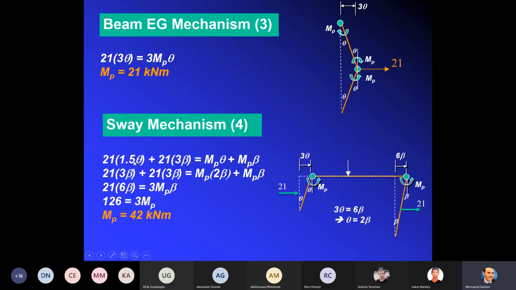So that becomes 3 beta here, and then we have 3 beta, 2 beta, and beta. So therefore, the betas will cancel. 6 and 3 we cancel by 2. And therefore, we have 21 times 3, which is 42 kilonewtons. So we have MP is 42 kilonewton meters.